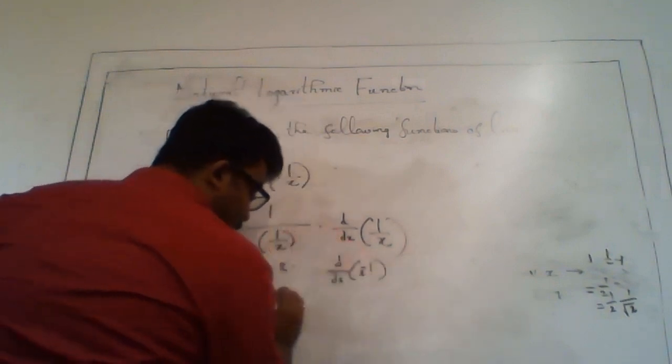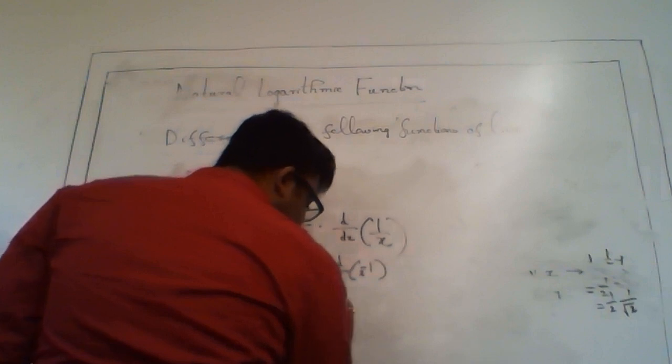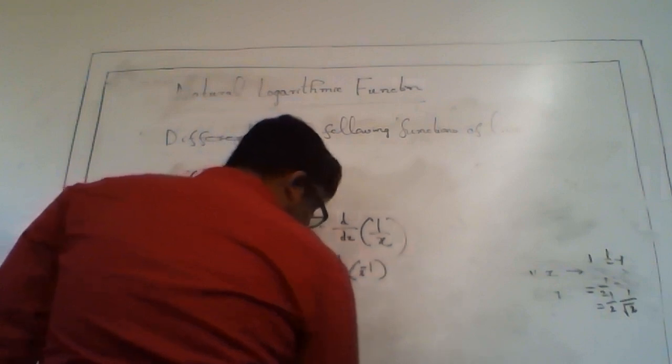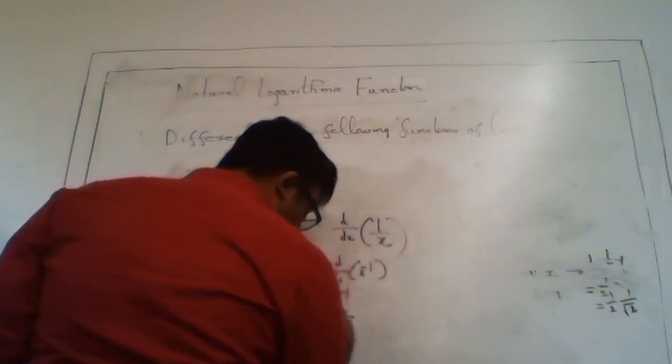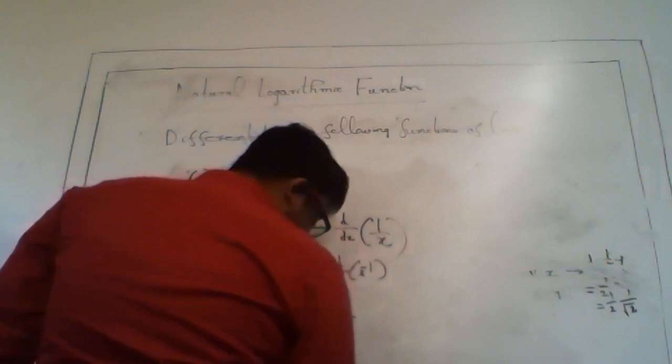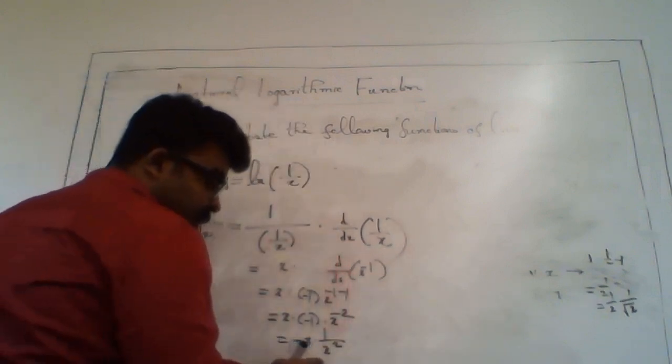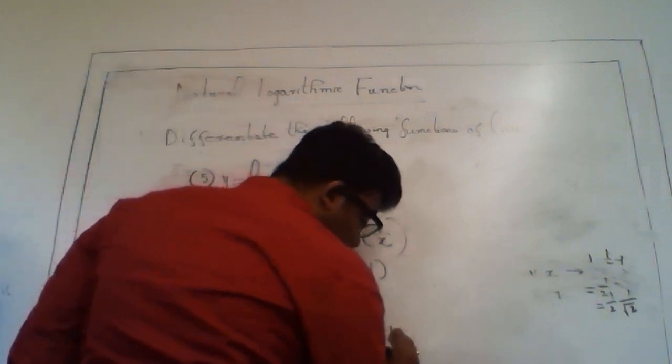Now by the power rule it should be minus 1 times x to the power minus 1 minus 1, so x times minus 1 times x to the minus 2, so it should be minus x times 1 over x squared. So x times 1 over x squared gives minus 1 over x.